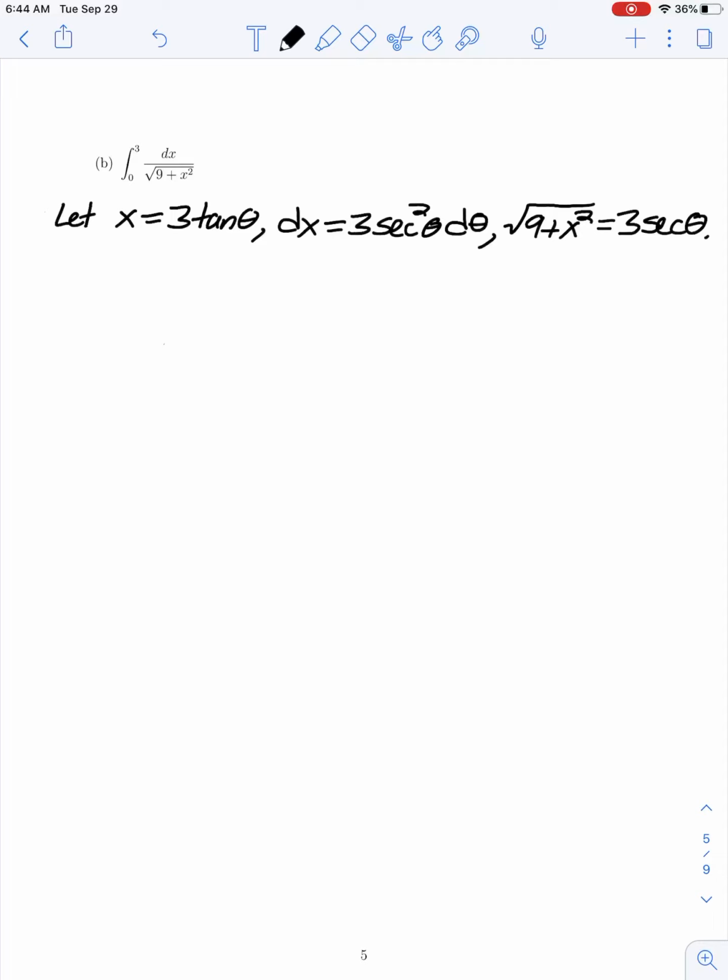Now I want to rewrite my integral in terms of theta instead of x, and this is the first example we've seen with a definite integral. So if I make a substitution involving a definite integral, and I'm changing the variable, I need to also change my limits of integration. So let's take a look at how we would find our limits of integration in terms of theta. So looking at the lower limit of integration for the original integral, if x is 0, then substituting 0 into the equation for our substitution, well, we said x is 3 tangent theta.